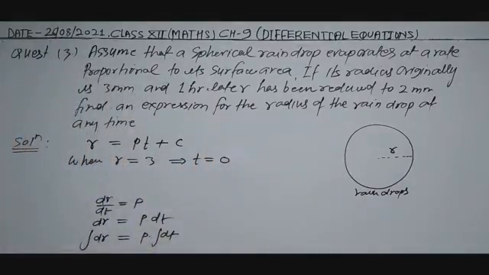So at r is equal to 3, t is equal to 0, we get the values of C and P. Here, r is equal to 3 and t is equal to 0, so C is equal to 3.